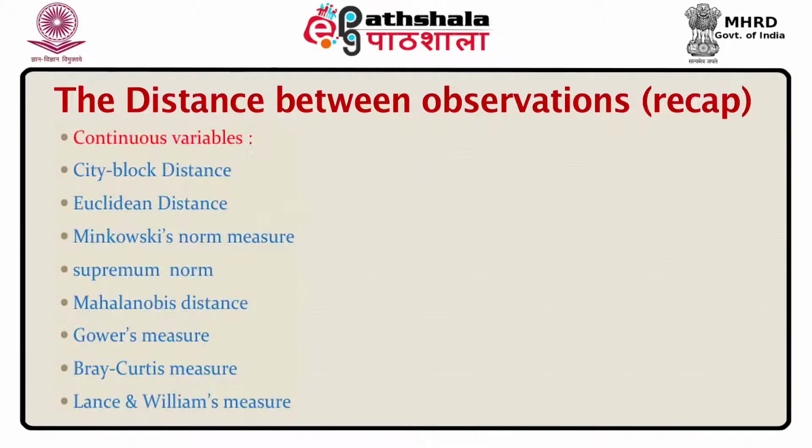The Mahalanobis, Gower, Bray-Curtis and the Lance-Williams measures all are normed measures. The Mahalanobis measure is normed by the variance, the Gower's measure by the range, the Bray-Curtis and the Lance-Williams by either the observations or by the sum of the observations. All these measures are related to continuous variables.